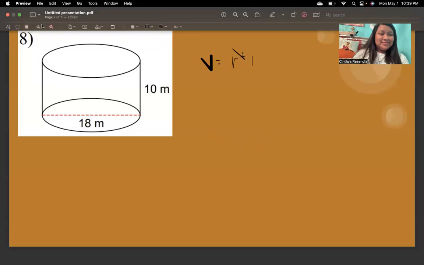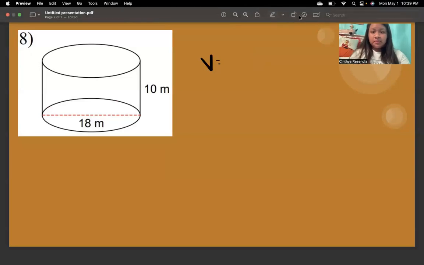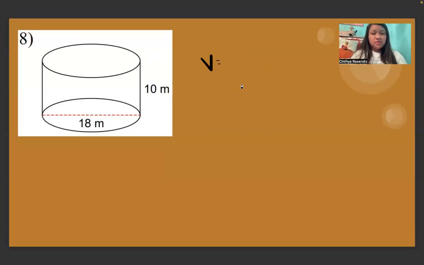Sorry, some technical problems here. Okay, let's erase this. So that's the formula to find the volume of the cylinder.